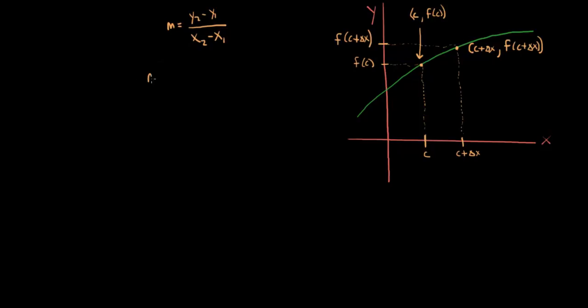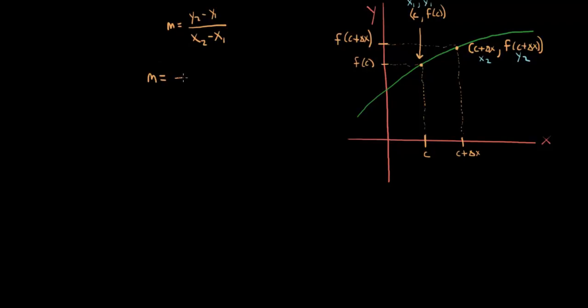I'm going to label my points. Let's get a new color. This point right here is my x1 and my y1 for my slope formula purposes, and over here, this is my x2 and my y2.